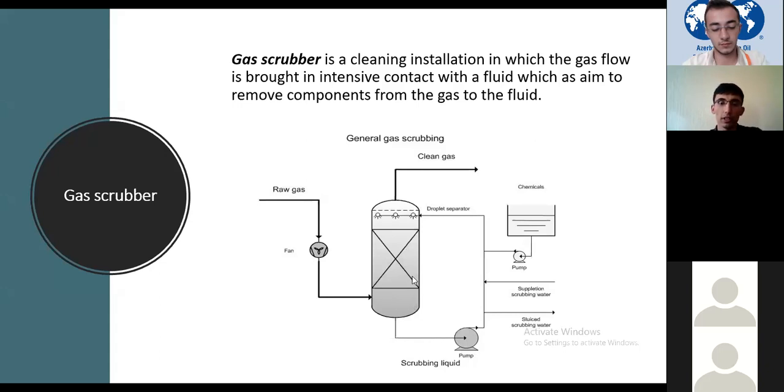And by the time a level is created here, we stop the process, open it, empty it, and wash it back, and then we can use it again. So gas scrubbers are just used for this purpose.